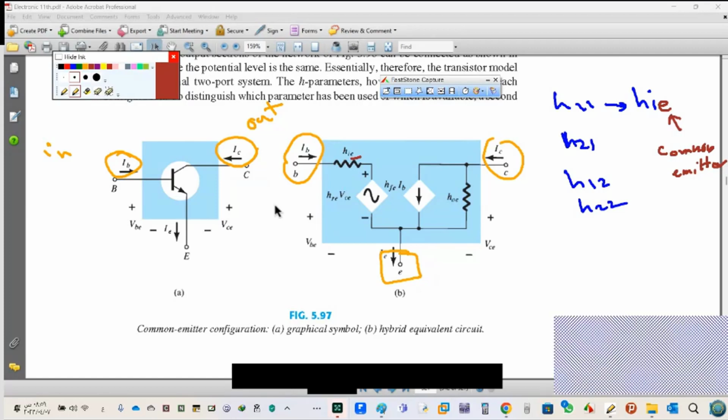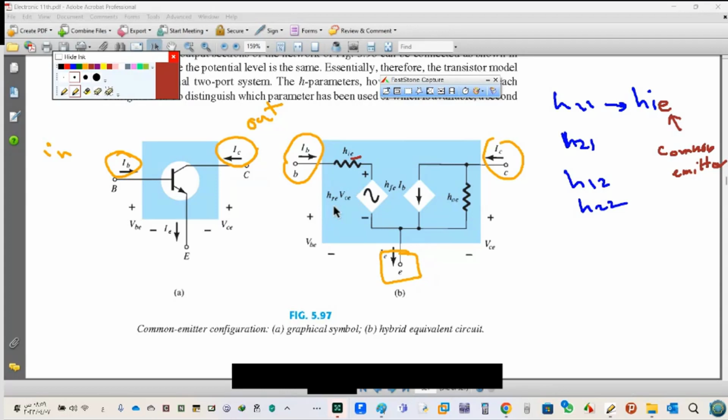Okay, now we have here H-R-E, H-F-E, H-O-E. E here indicates the common emitter.